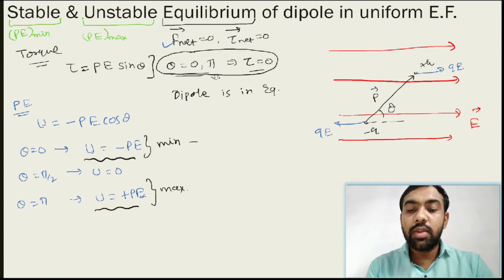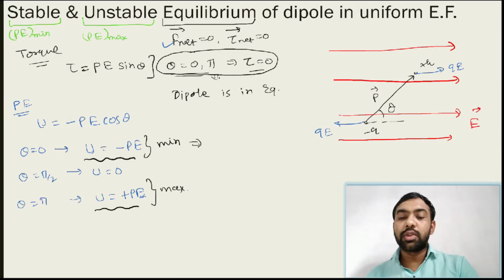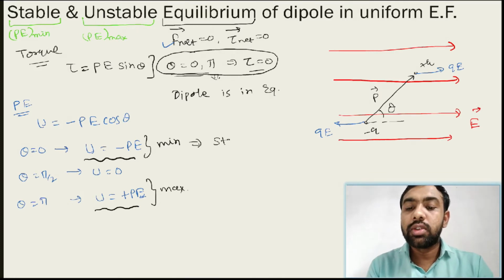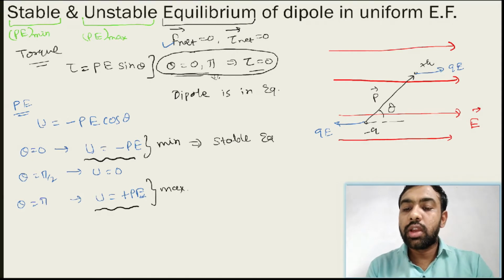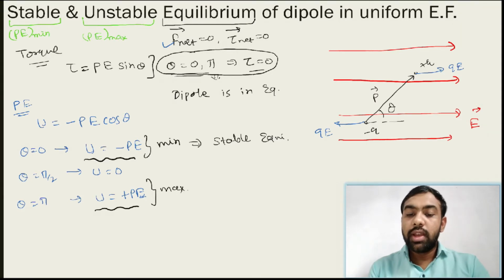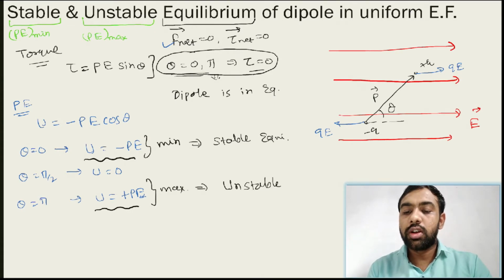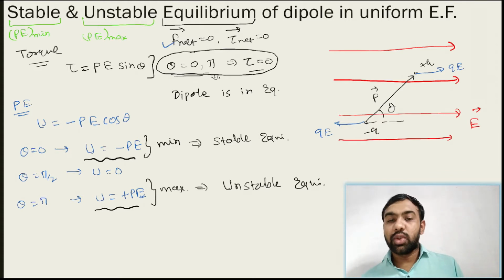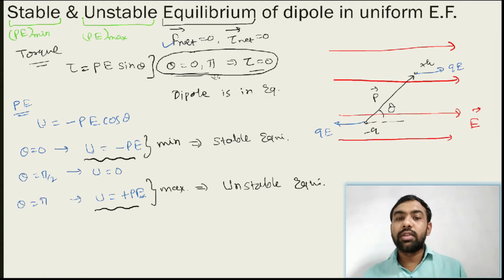So the equilibrium at theta equal to 0 is called stable equilibrium, and the equilibrium at theta equal to pi is called unstable equilibrium. When questions ask about a dipole in unstable equilibrium, use this theory.